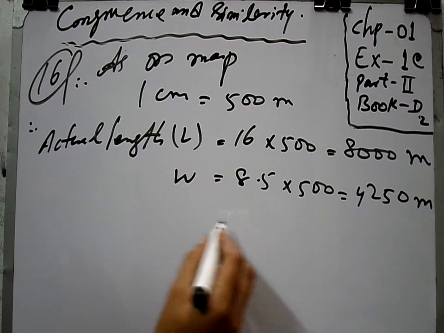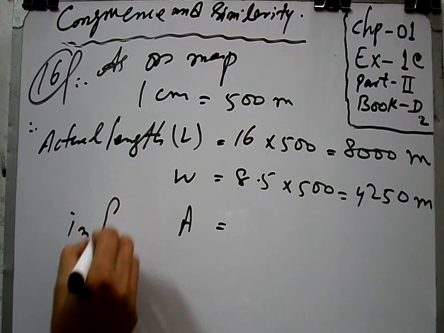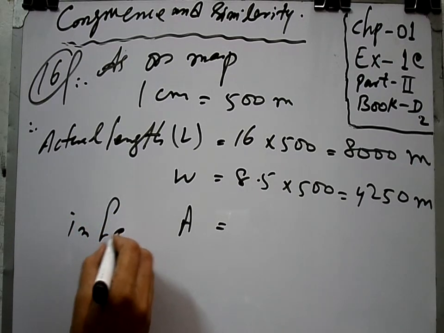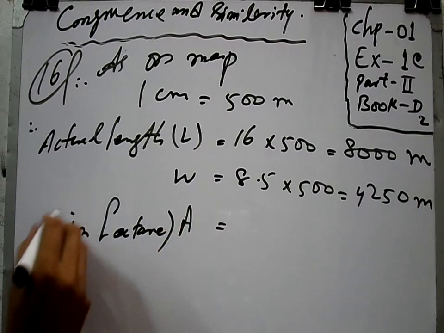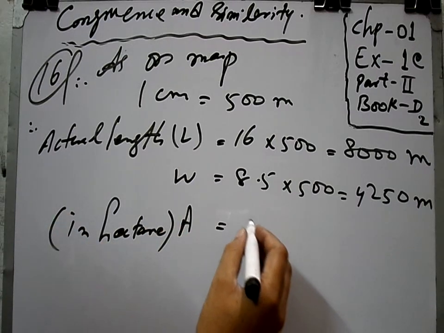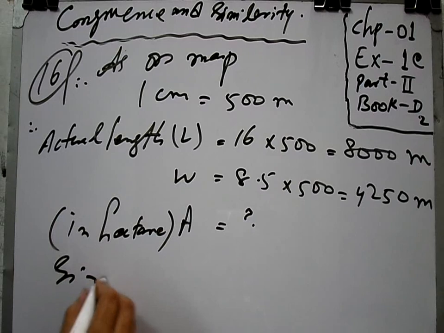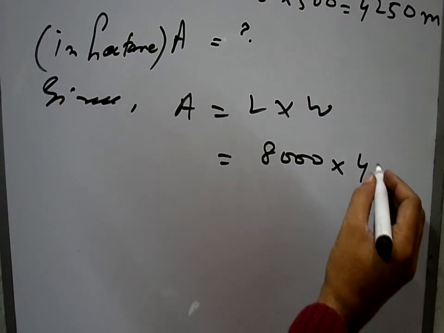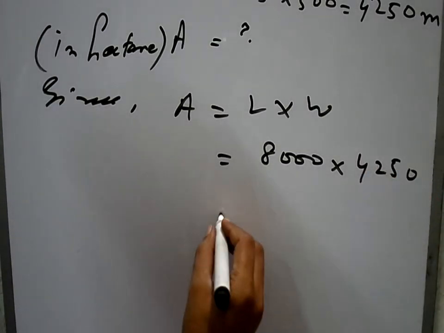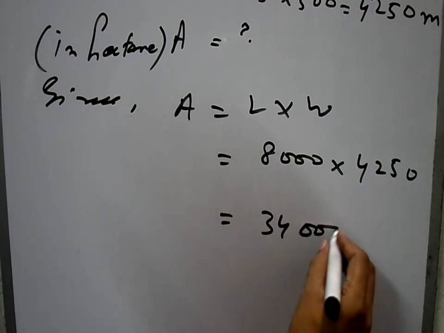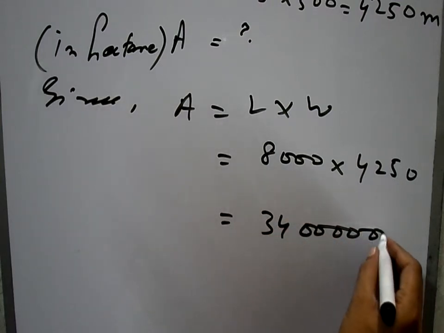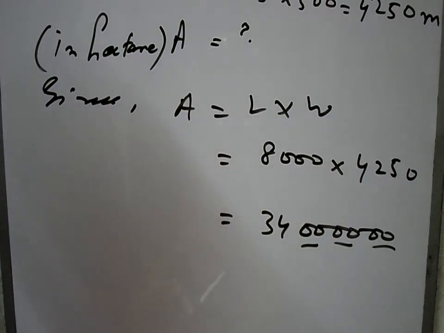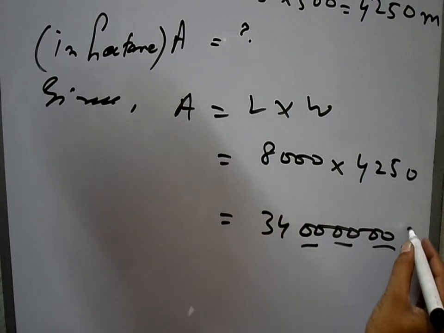Okay, we have to find the area in hectares. We have a simple formula: area is equal to length into width. So length is 8,000 multiplied by width, that is 4250, so meters square is the result.